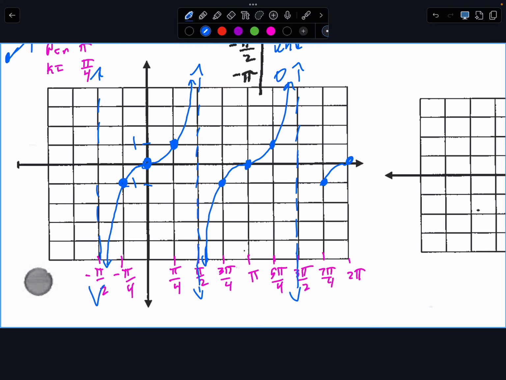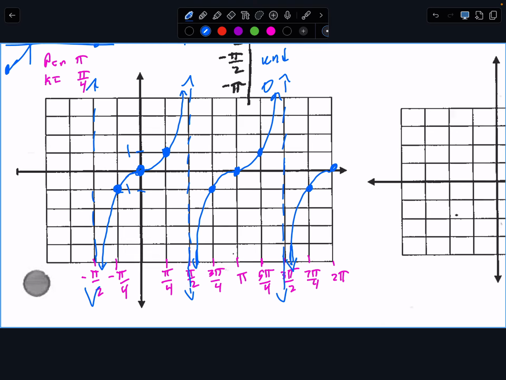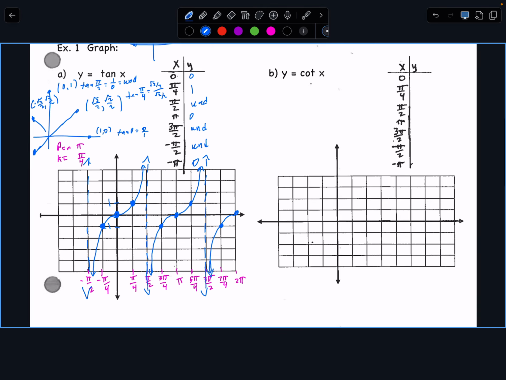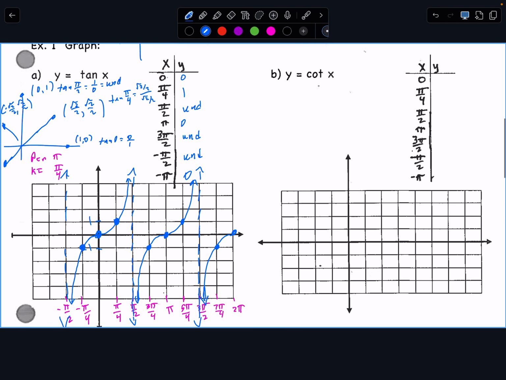And here's half of a footprint. I hope that you understand that for tangent and cotangent, 45-degree reference angles give 1 or negative 1, because you get that plus or minus root 2 over 2, root 2 over 2. So tangent and cotangent are 1 or negative 1 at 45-degree reference angles.